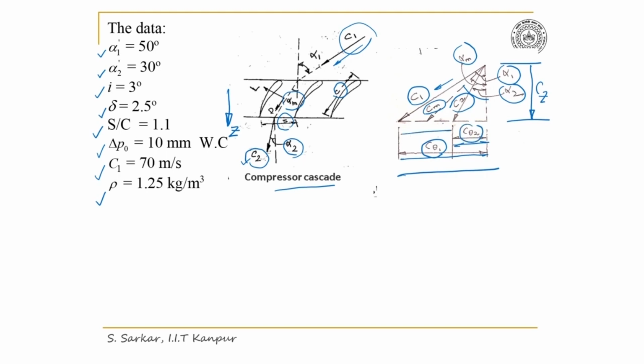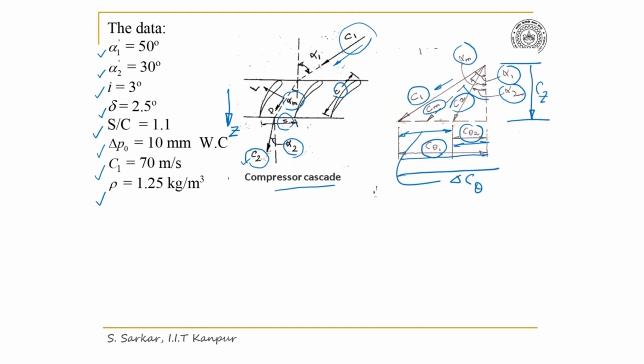And this that I have indicated now is del C theta. Del C theta would be equal to C theta 1 minus C theta 2. So after drawing velocity triangle and a schematic for cascade, I can easily solve the problem.